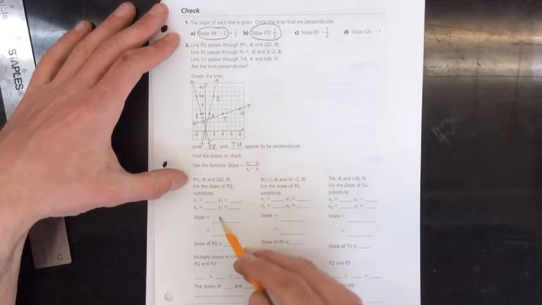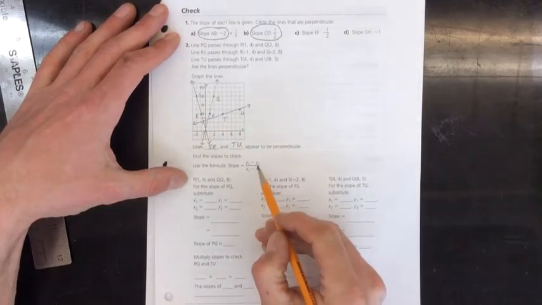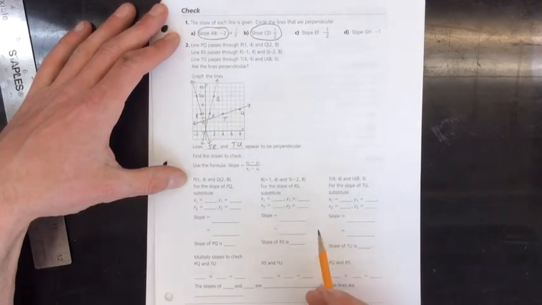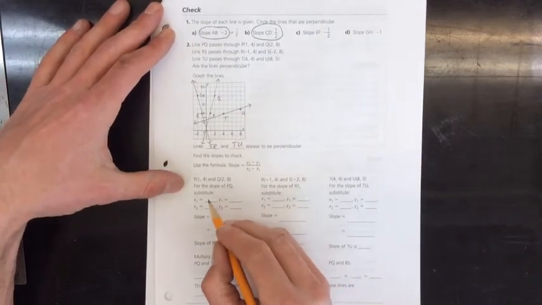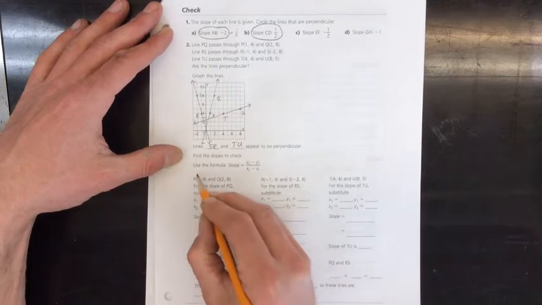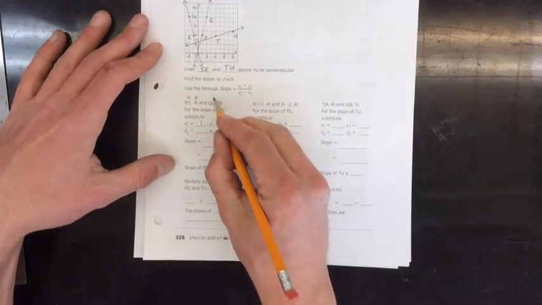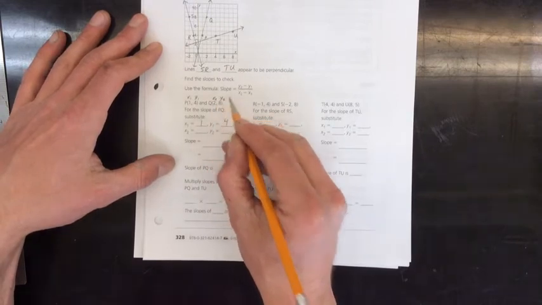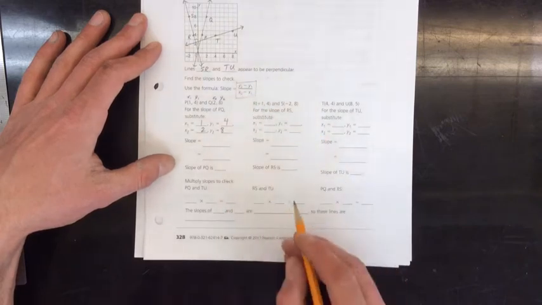So to find the slopes, we're going to use the slope formula here, but I could also use the graph to count it out. But since they want me to use the slope formula, I will do that. So x1 here is 1, y1 is 4. x2 and y2 are 2 and 8. And then using this formula, I need to substitute.